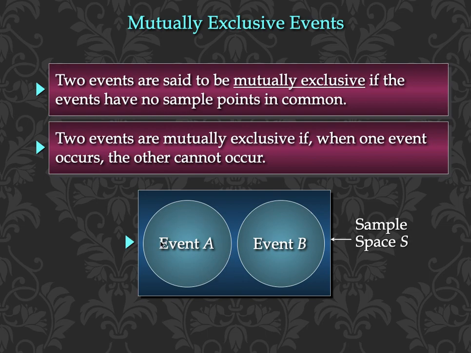So we have event A here and event B. They are mutually exclusive events. They don't have any common outcomes. That's why they do not overlap, because the moment they overlap, the overlapping region includes the common outcomes found in both of them. But since they are mutually exclusive events, the two events do not overlap in our Venn diagram, because they have no sample points or outcomes in common.